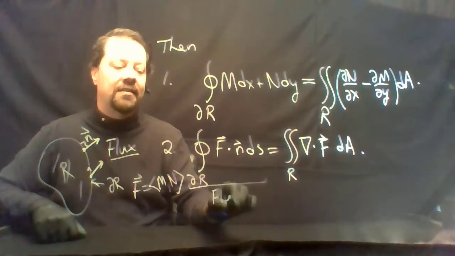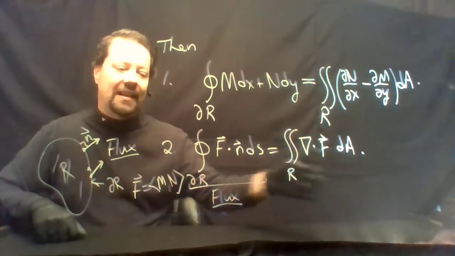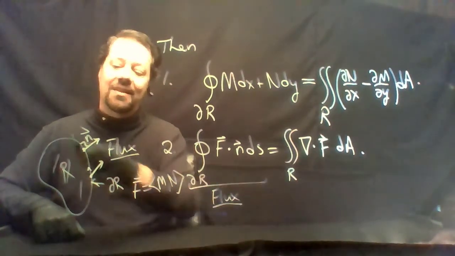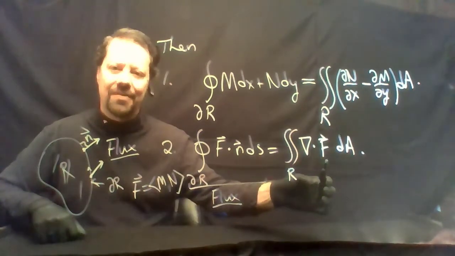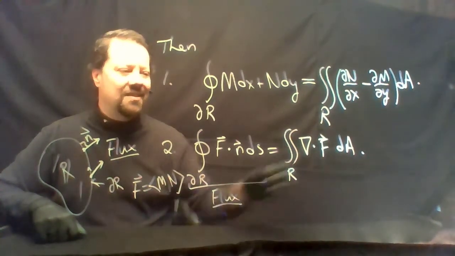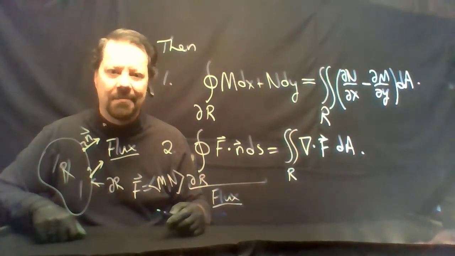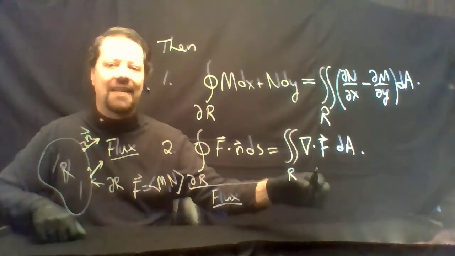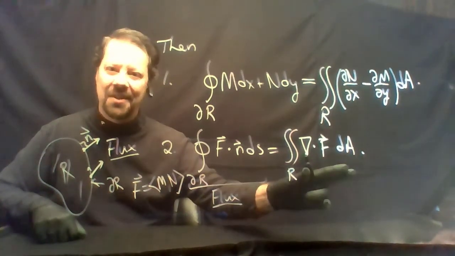This is the flux. We can equivalently calculate the flux by integrating across the entire interior of the region the divergence. In other words, the divergence is a form of flux density. It's the flux per unit area multiplied by an element of area and added up gives you the total flux.